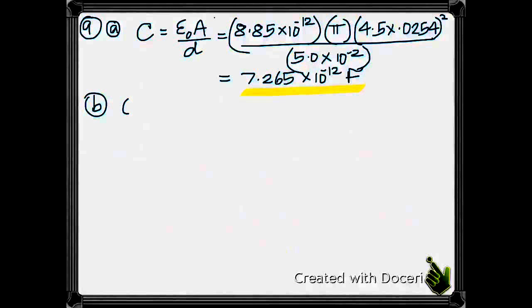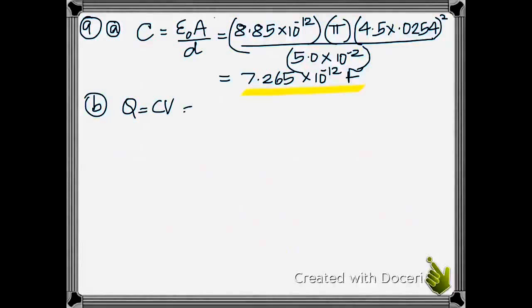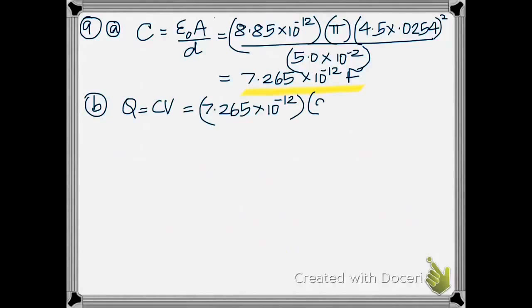In the B part, you have to find the charge on each plate. The charge on each plate means the charge on the capacitor. And charge is the product of capacitance and voltage. So you take the capacitance, multiply with the voltage, which is 9.